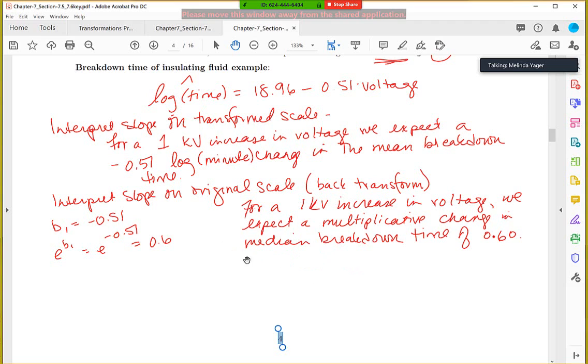So we talk about the median when we have transformed the response. You can read through the notes from the book to give you a little better understanding of why we're talking about the median. He does a good job of explaining that. So it's a multiplicative change in median breakdown time, that's my Y variable, of 0.6. Questions on that interpretation?